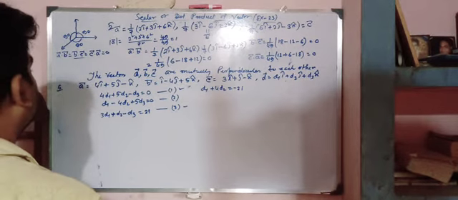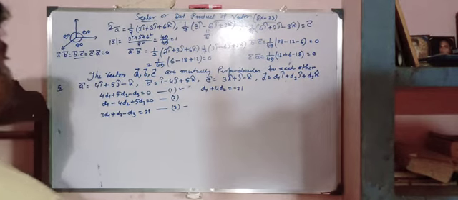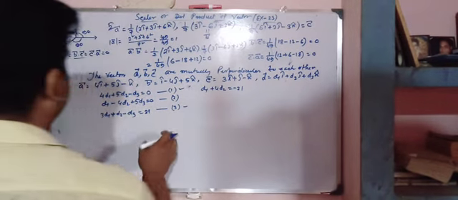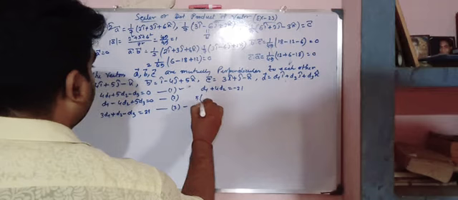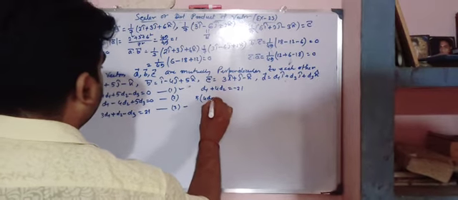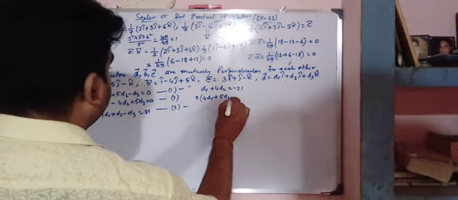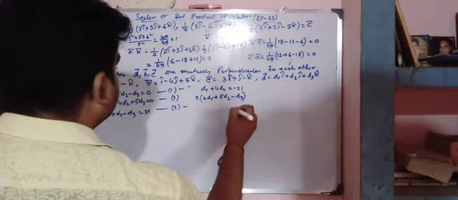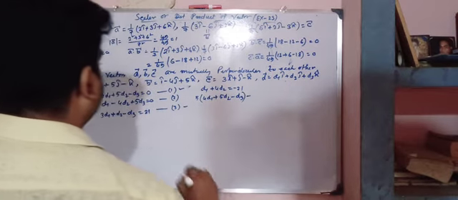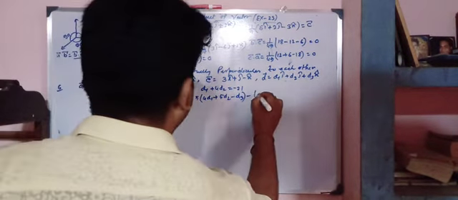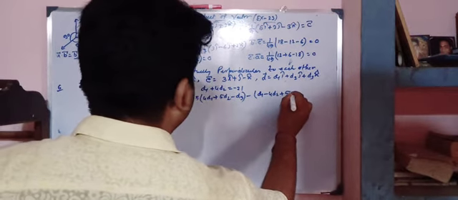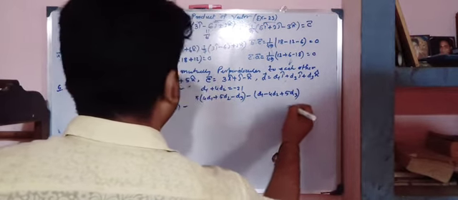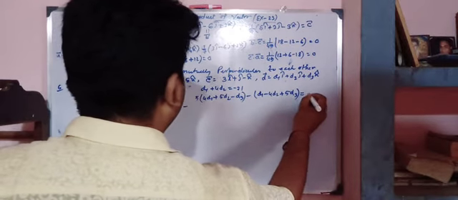Next, from 1 and 2, if we multiply 1 by 5, so 5 into (4D1 plus 5D2 minus D3) minus (D1 minus 4D2 plus 5D3) is equal to 0.